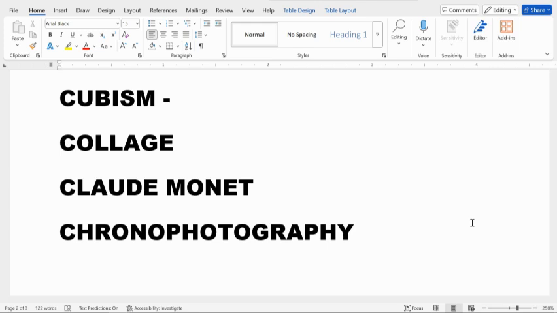People, and people with instruments, and still lifes. All of this is traditional subject matter. We looked at how the Cubists take traditional subjects and portray them in a completely different way.